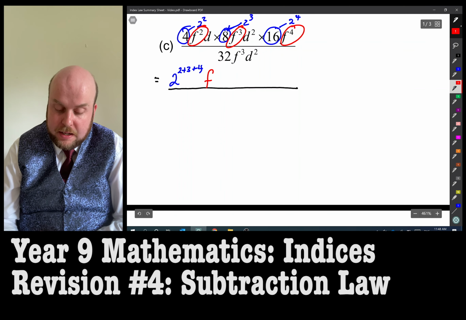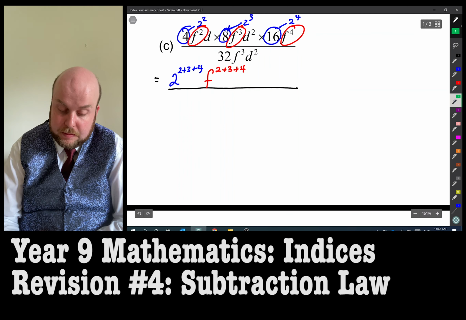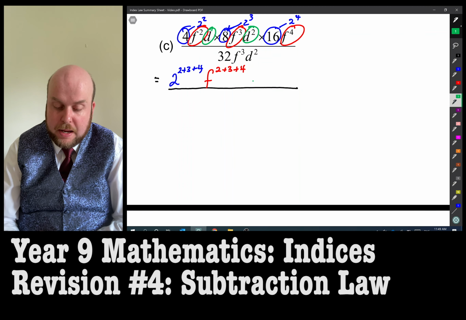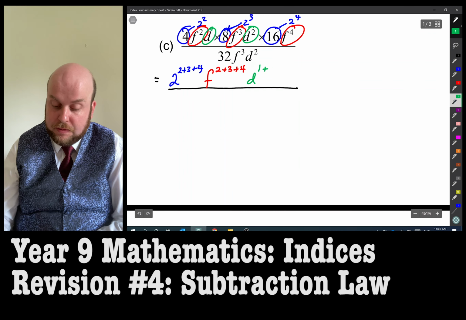We have the f's here, which is f to the power of 2 plus 3 plus 4. And we have d's. We've got d to the power, so there's no power, so that's d to the power of 1 plus another 2.